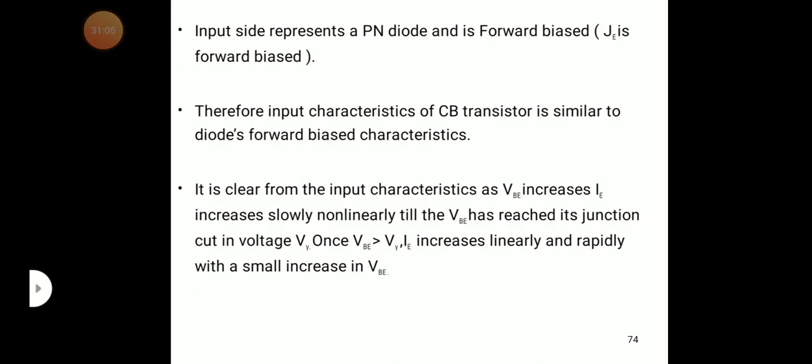Once VBE is greater than V gamma, IE increases linearly and rapidly with a small increase in VBE, just like the PN junction diode. Until VBE reaches V gamma, it produces only a small amount of IE. After reaching V gamma, a small change in VBE may produce a larger change in the emitter current.